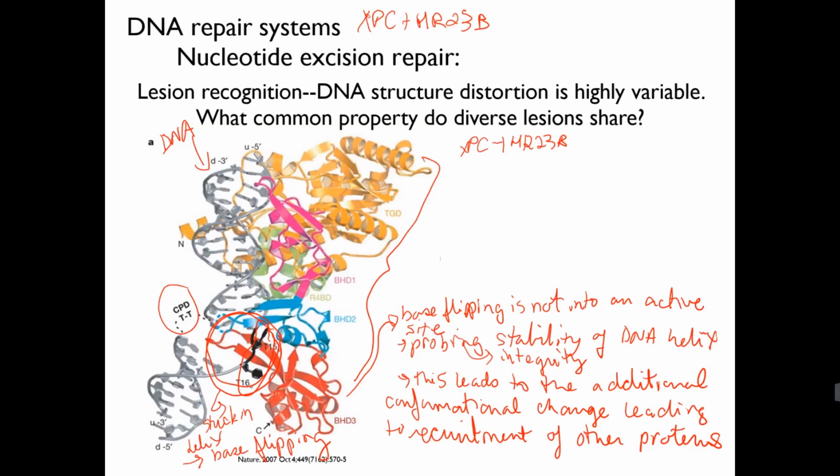Okay, so basically only if base pairing is disrupted is XPC able to flip out the bases and then kink the DNA. And this kinking of the DNA is then a prerequisite for all the other steps. Okay, so again, it's just for recognition.